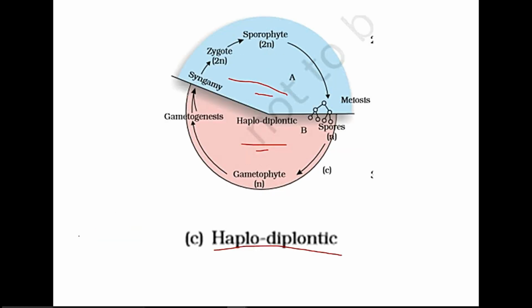Next comes the haplodiplontic. What does a haplodiplontic life cycle have? The example for this is bryophyte, and Ectocarpus, and Polysiphonia.